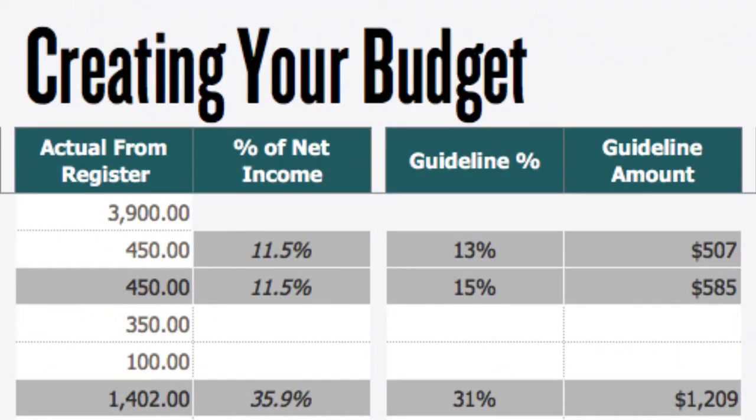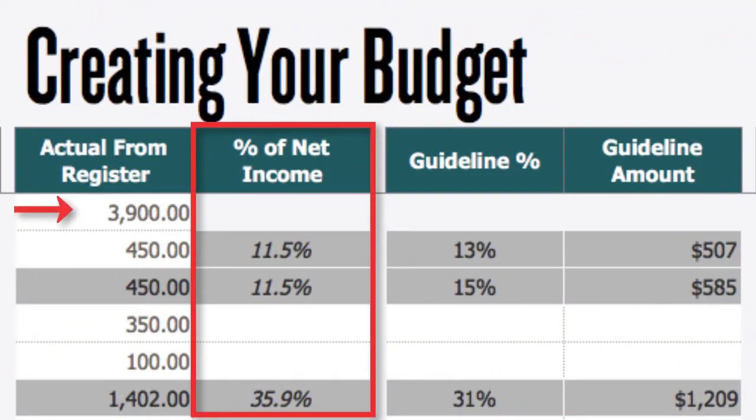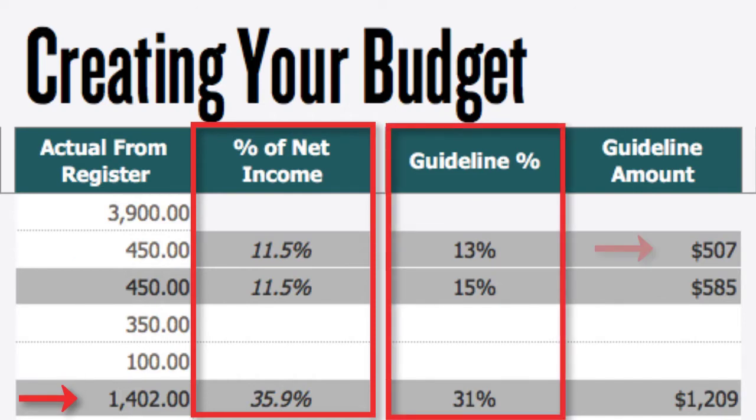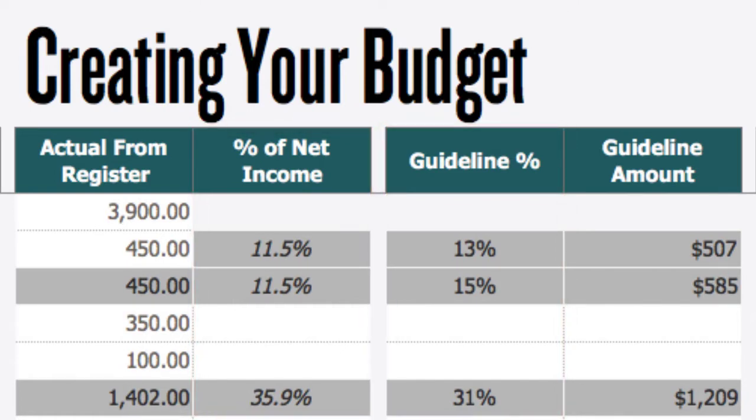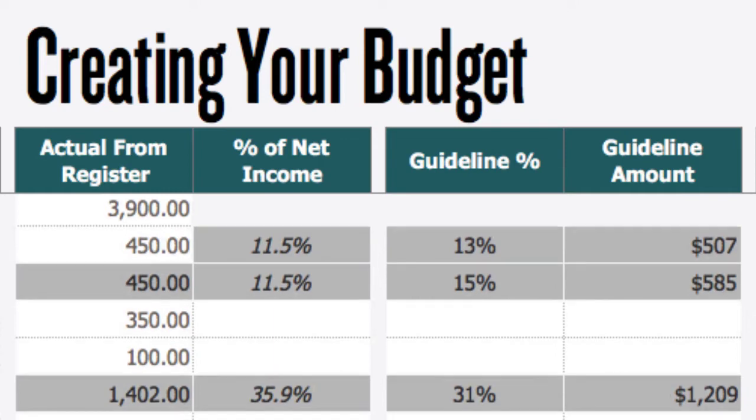The next step is to compare the percent of net income, what I'm spending, to the suggested guideline percent. This will help me to identify any categories that I may be overspending in. Once I've compared my expenses to the guideline, it's time for me to develop a balanced budget. In this example, most categories are very close to the suggested guideline.